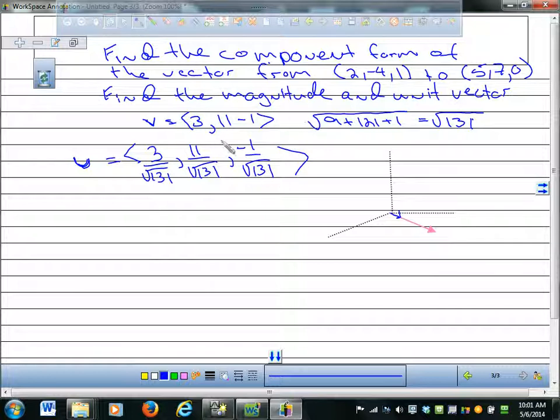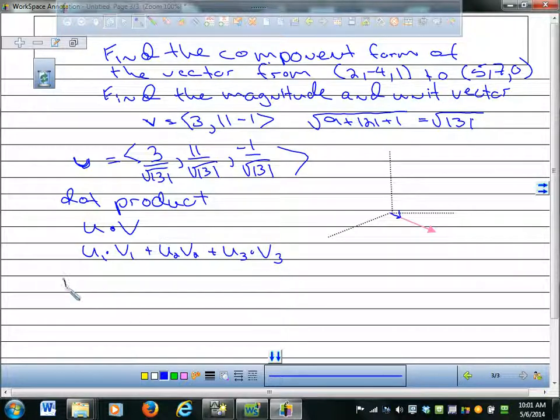Then we have the dot product, which we've already done. u dot v in 3 dimensions is just u1 times v1 plus u2 times v2 plus u3 times v3.